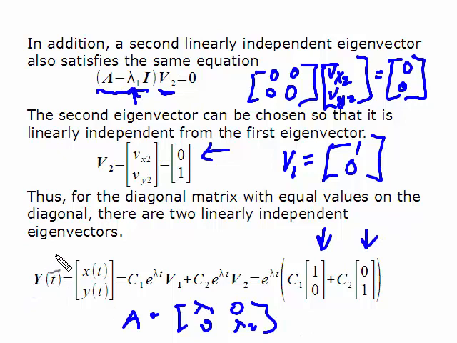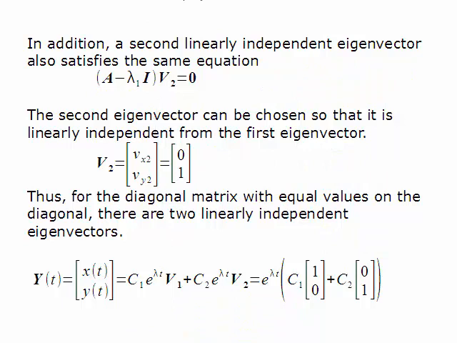And then the solution is the linear combination of the two solutions. The first solution is e to the lambda 1 t times v1, and I could have left a 1 here just to remind us, plus e to the lambda 1 t, because it's the same, times v2.